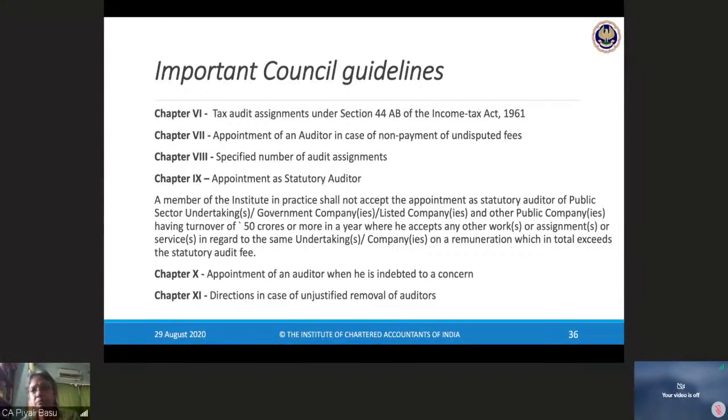Section 141 talks about various other clauses also, like prohibitions: if a member is convicted of an offence and 10 years have not passed, he cannot take up an audit. Those kinds of things should be kept in mind.